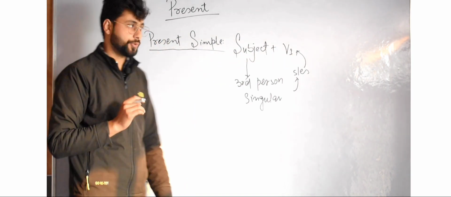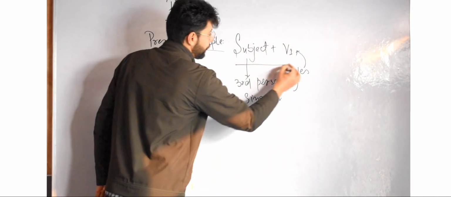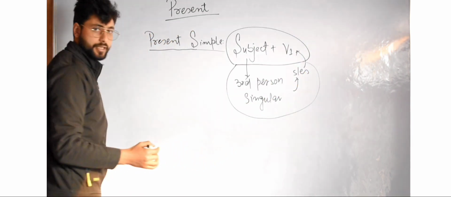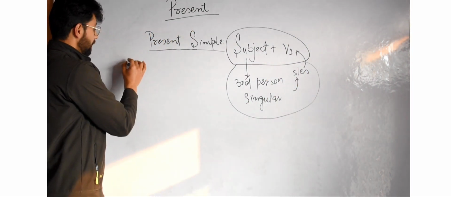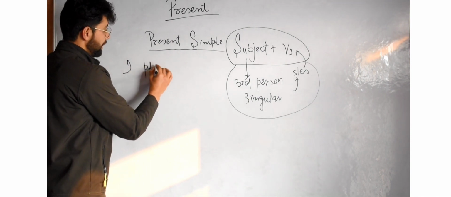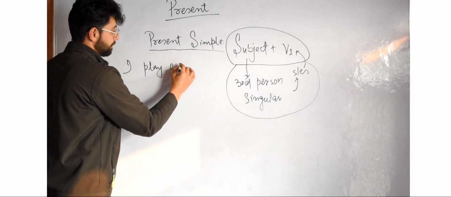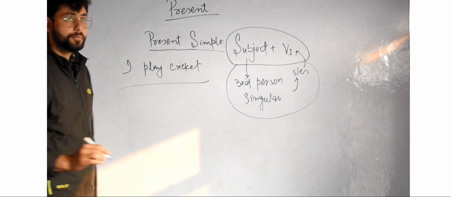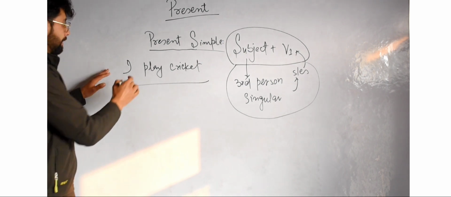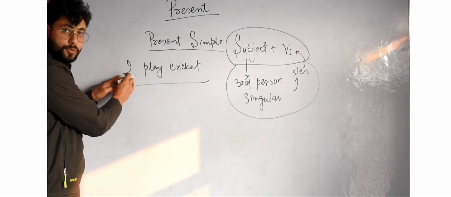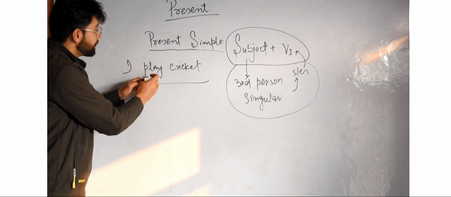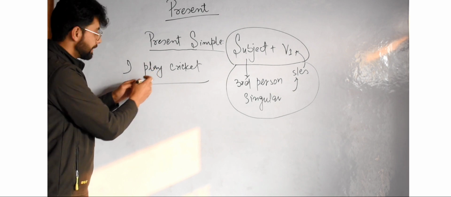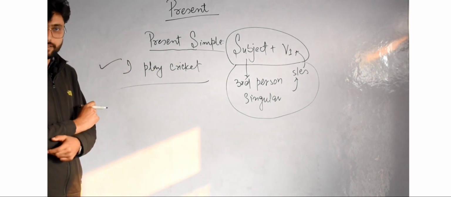Let me provide you an example. Let's provide the example of this first, and then we will add s or es as well. I play cricket. Since the subject is first person, I do not add s or es to the verb. This is a 100% correct sentence.